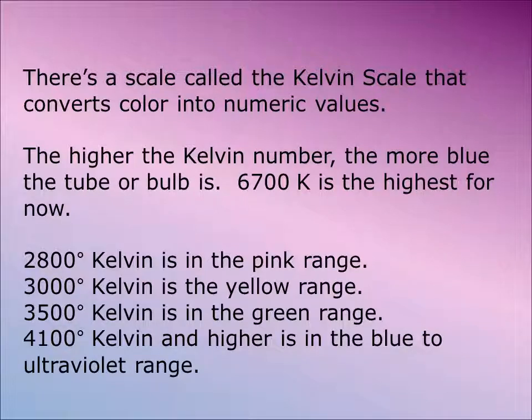So you will be able to find many more bulbs, tubes, and LEDs that are in the blue range than are in the pink and yellow and green range. However, they are out there, and it's our job as people who serve people who need rehabilitation and education to find those and recommend those for our people.